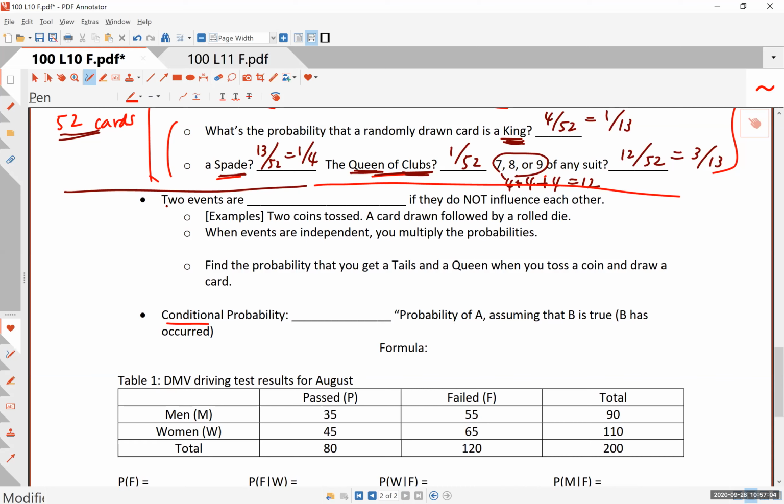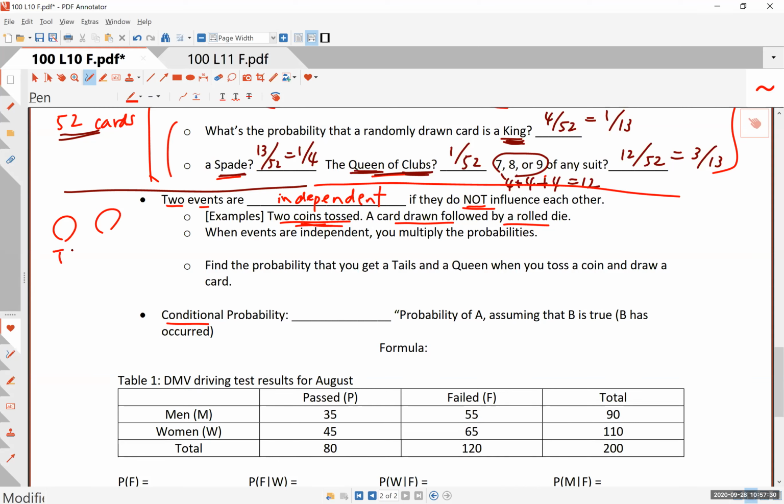Okay, so 2 events are called independent. What do we mean by independent events? Events are independent if they do not influence each other, okay? So for instance, you flip 2 coins, or a card is drawn followed by a roll of a die. Let me just talk about 2 coin tosses. You flip a coin and you flip another coin, right?